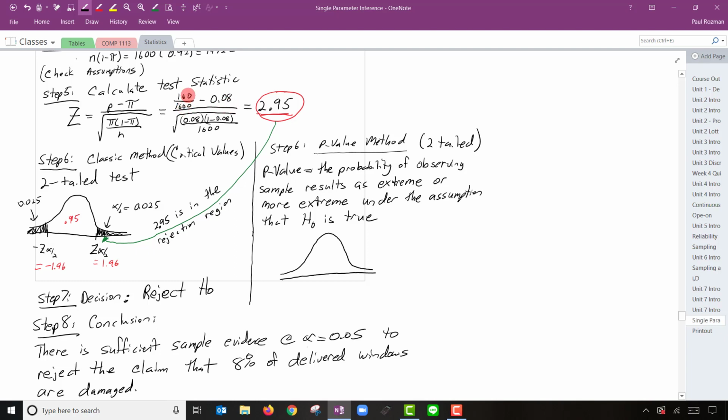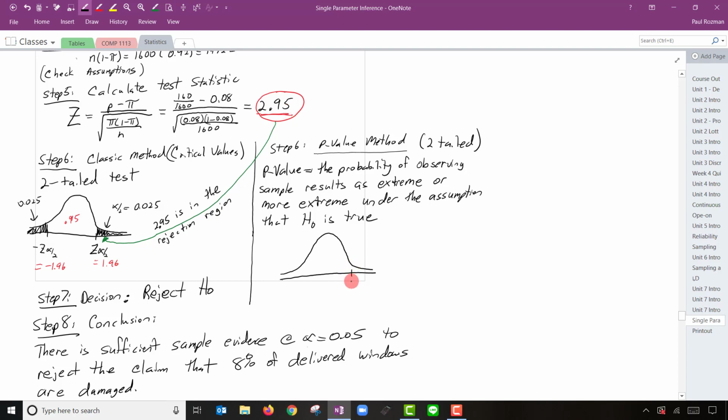You know, we think 10% are broken, but we're assuming that 8% are usually broken. Is our observed result weird relative to what it's claimed? Or in this case, what we're assuming it to be. So let's find the probability of getting a z-score of 2.95 or higher.